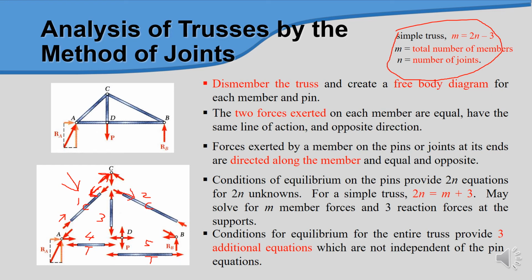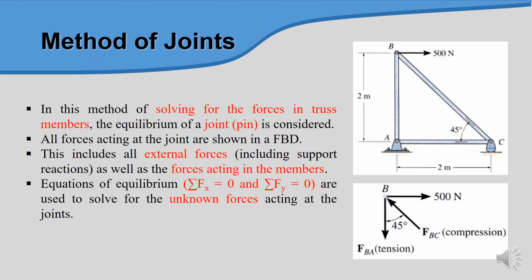If you assume that this is compression from this direction, at point C it is in the opposite direction, something like this. Member number 3 is a tension, whereby the force is acting downward, so at point D it is in the opposite direction, acting upwards.